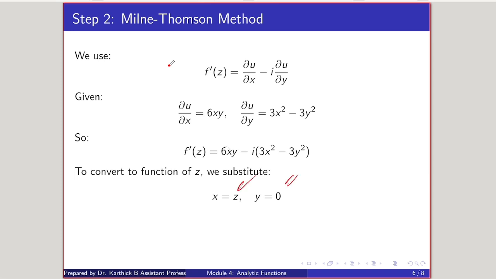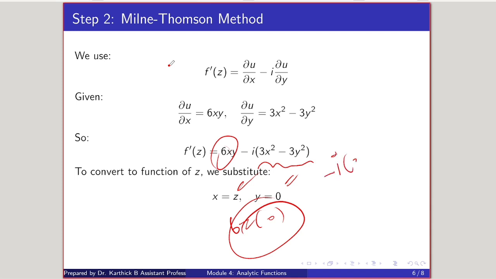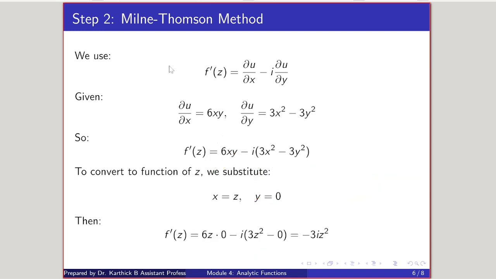If I substitute x equal to z, it is 6z times y, and with y equal to 0 this whole term becomes 0. And in the other term, x equal to z gives minus i times 3z square minus 3 y square, where y is 0. So finally, minus 3i z square will be the final answer.